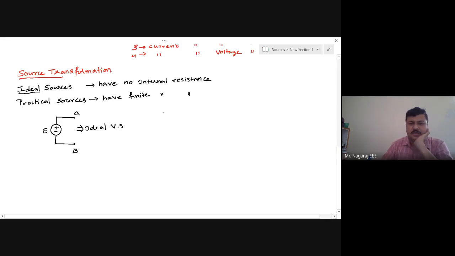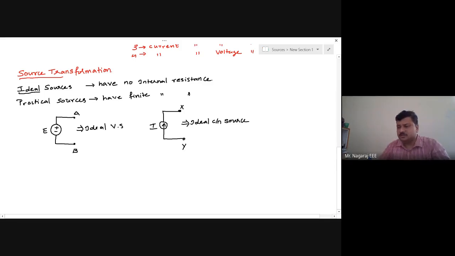And if I see the ideal current source, this is current I, with terminals X and Y. So this is an ideal current source. But practically it is difficult to get.